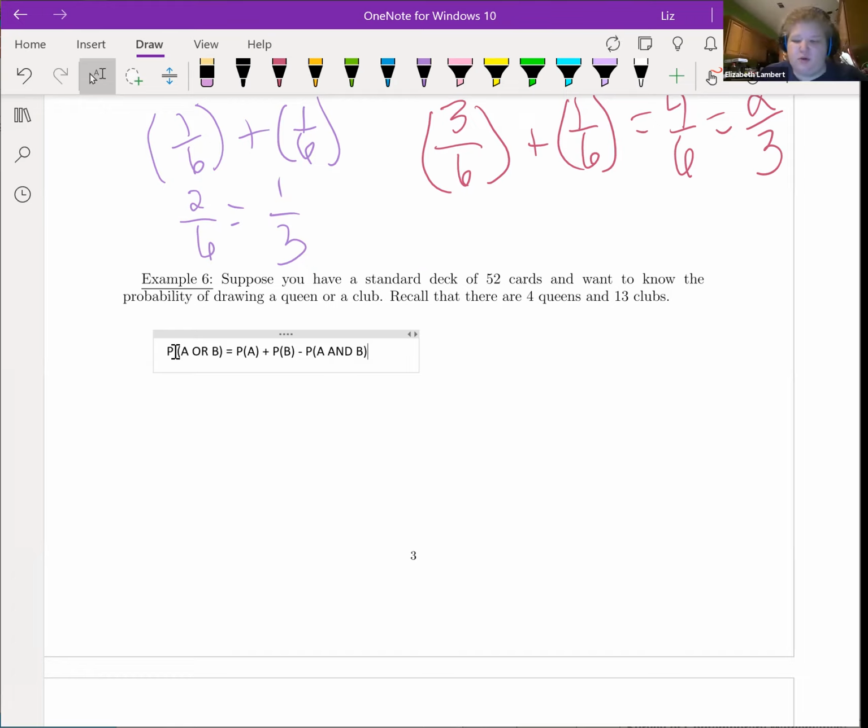So on this one, this is the probability of a queen or a club. So that is going to be the probability of queen plus the probability of getting a club minus the probability of getting a queen and a club.